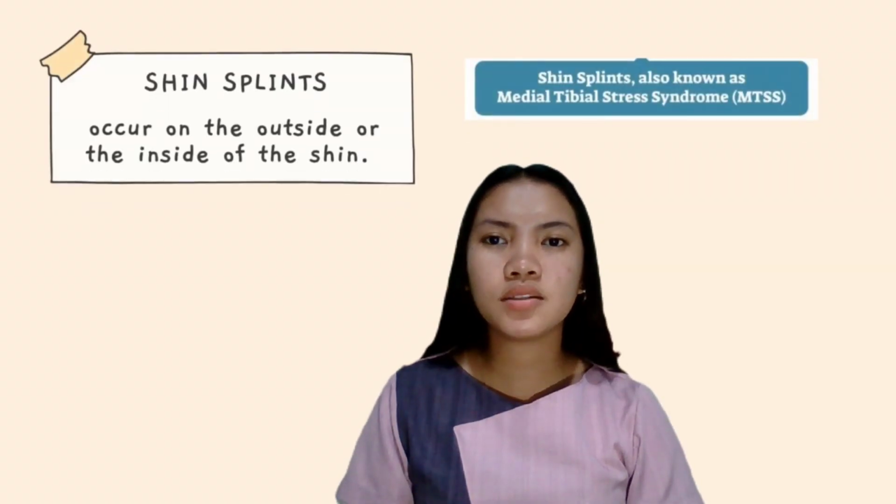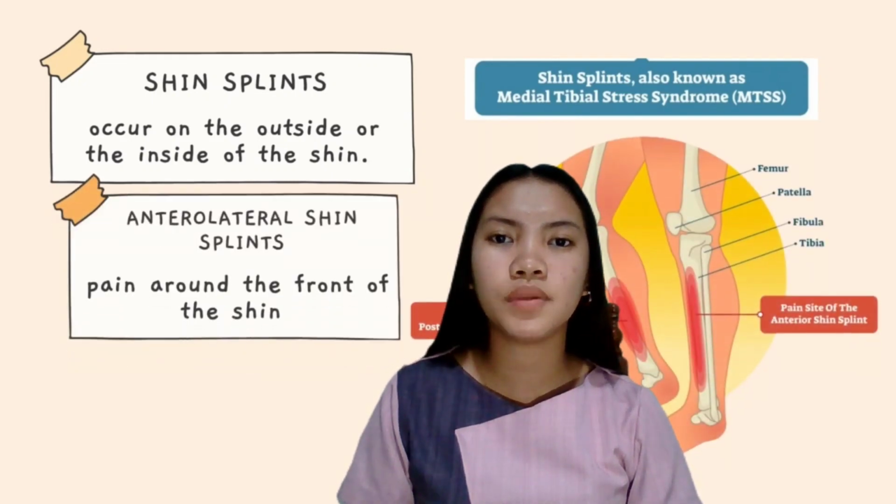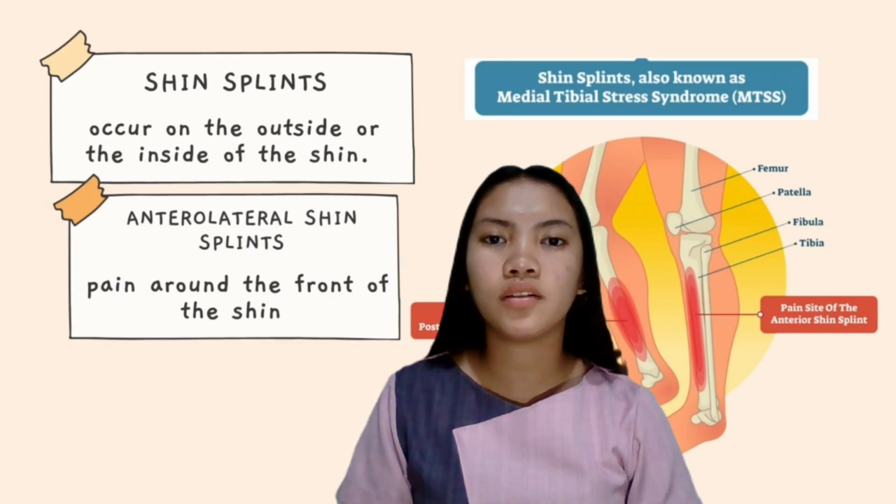Next, shin splints, also known as medial tibial stress syndrome or MTSS, have a number of causes and may occur on the outside or the inside of the shin. With anterolateral shin splints, pain around the front of the shin starts immediately when your heel strikes the ground awkwardly.